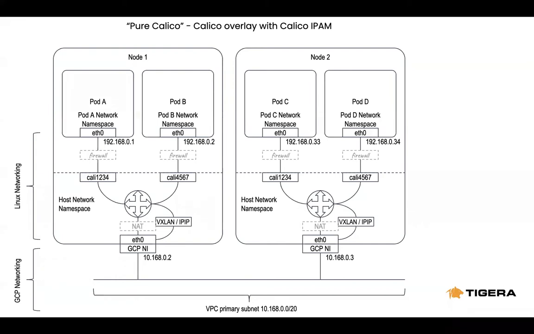And from there, you'll have to use either VXLAN or IP-in-IP if you want to use encapsulation. Calico can also program the Linux kernel network address translation so that any packets destined to go outside of the cluster can be NATed and the traffic can be sent out successfully.